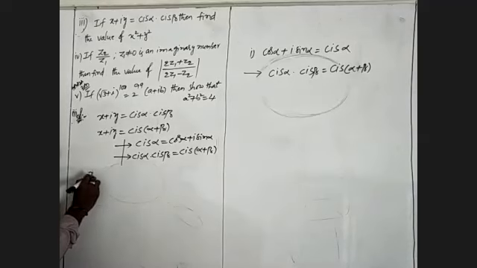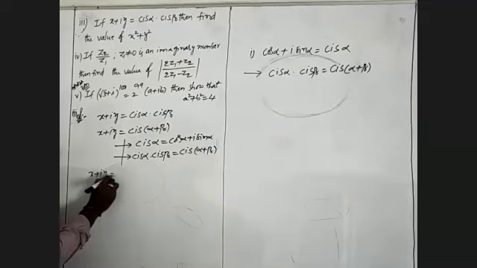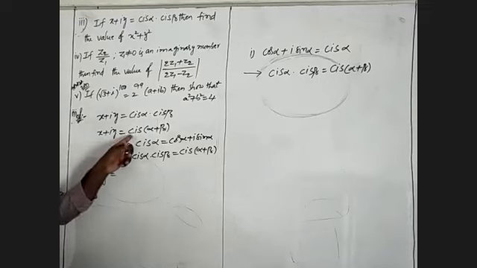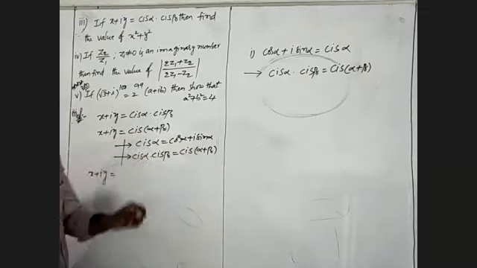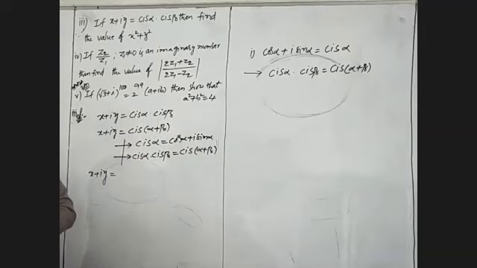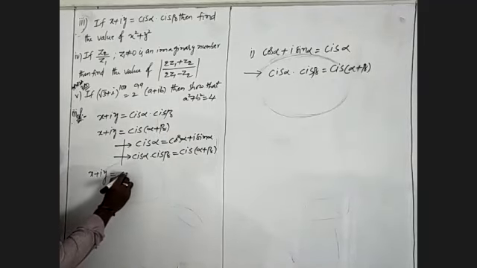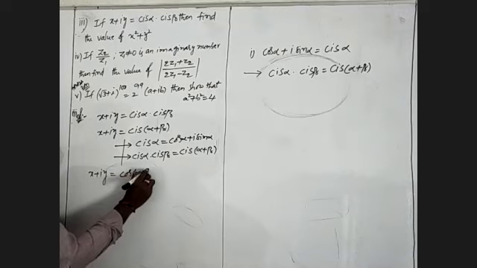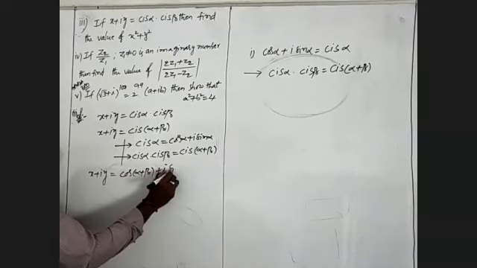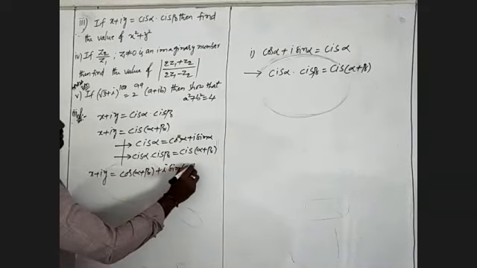That means x plus iy is nothing but we have to expand cis. Cis is nothing but cos plus i sin, where the angle is alpha plus beta. So I will write cos of alpha plus beta plus i sin of alpha plus beta.